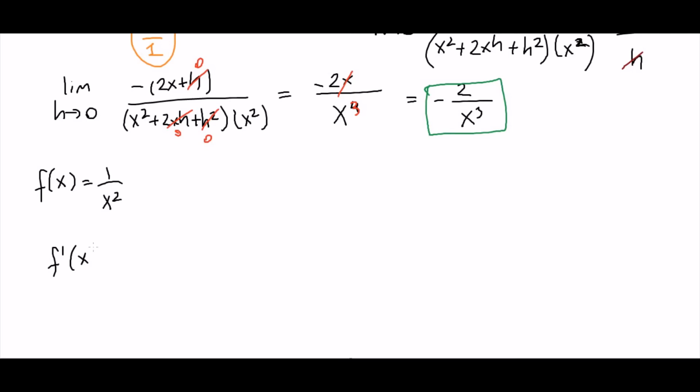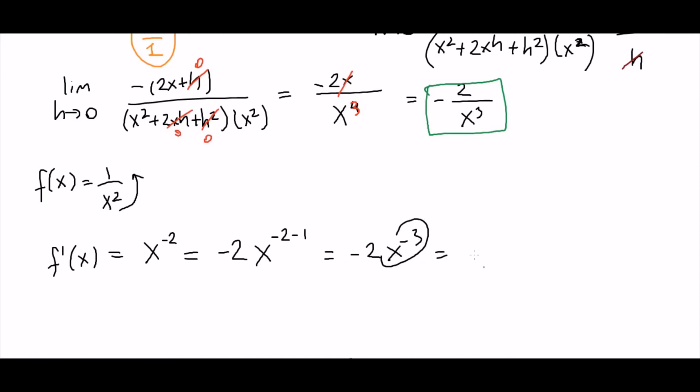The derivative of that function will be, let's write 1 over x squared as x to the negative 2 if we bring it up, and we can apply the power rule. So negative 2 comes to the front, and we subtract 1. So now what we obtain is negative 2x to the negative 3rd, and we can bring this to the bottom, negative 2 over x to the 3rd. That is correct.